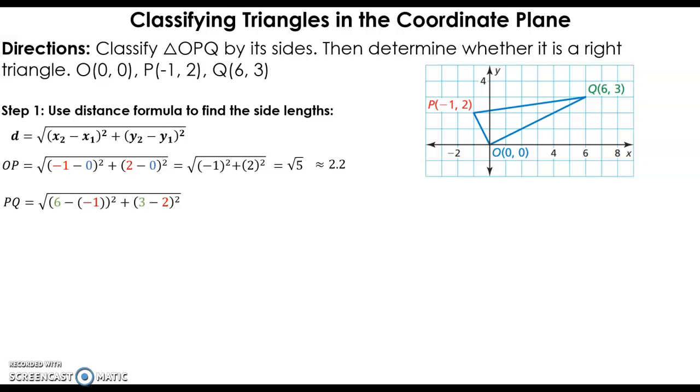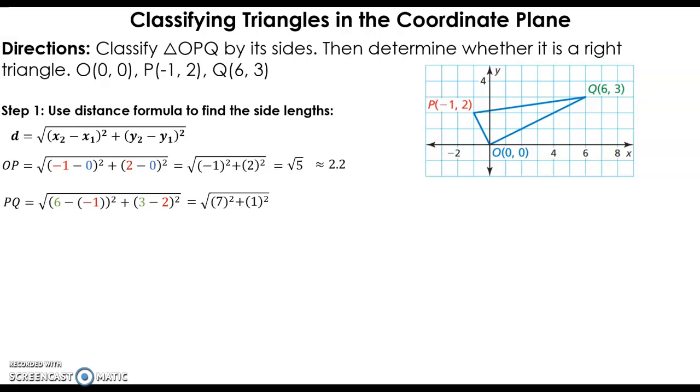Okay? So next, let's find the distance between PQ. So this will give us the square root of (6 minus -1) squared plus (3 minus 2) squared. Whenever we're subtracting a negative, remember that we're adding.